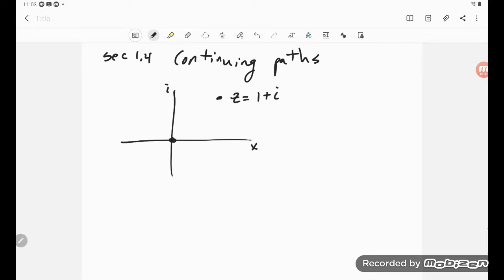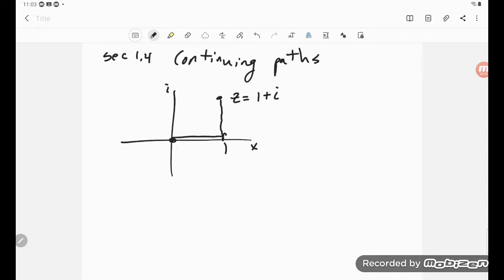But for instance, one perfectly good path that's made up of two segments, a horizontal segment and a vertical segment, like that. What I can do, so this goes to 1 right there, and then up.